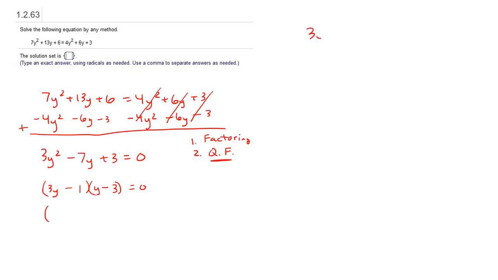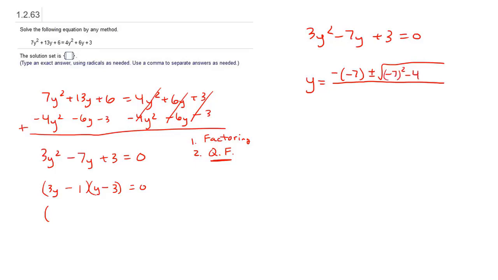So let me just write it so I have more space here. And the quadratic formula is going to say, hopefully you guys know it, look it up if you need to, negative b, so it'd be a negative of a negative 7, plus or minus the square root of b squared minus 4 times a times c, all over 2 times a.